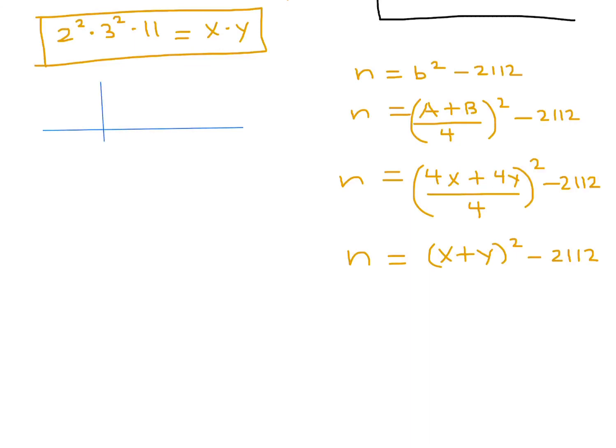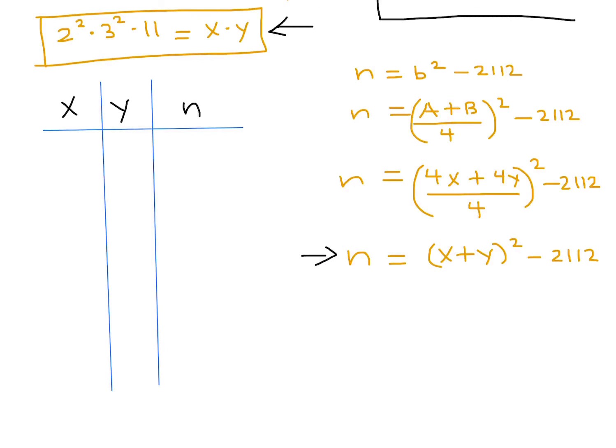We can put x, y, and n. So here we go. X, y, and n. Using this formula right here and using this formula. So if x times y is equal to 2 squared times 3 squared times 11, well, what is that, by the way? The full number is 396. So what are the possibilities?